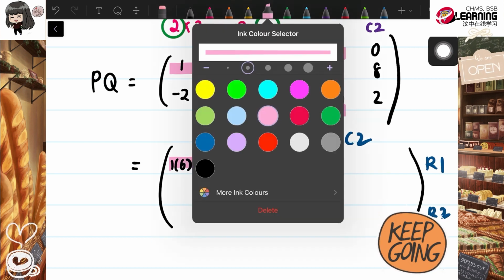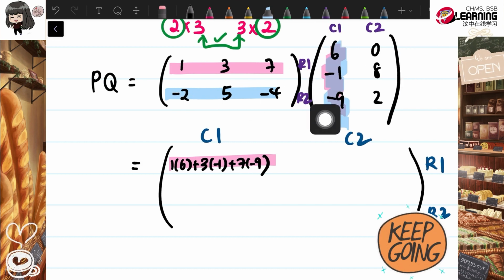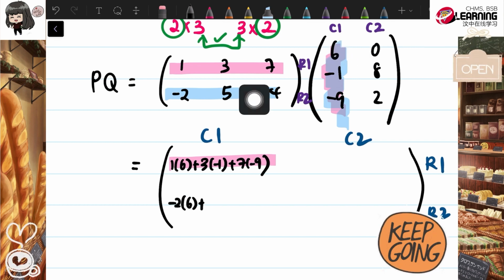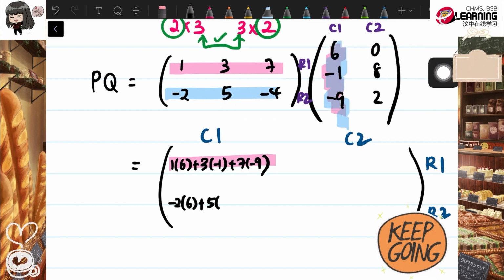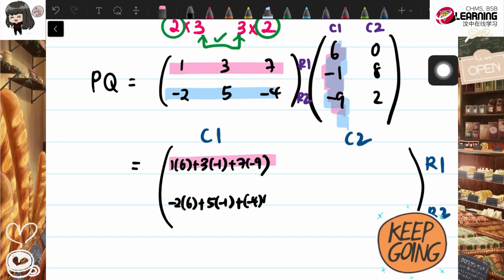So you must take your answer from second row and first column. See overlapping here. Second row, first column: negative 2 times with the 6, plus with 5 times negative 1, plus with negative 4 times negative 9. Like that.